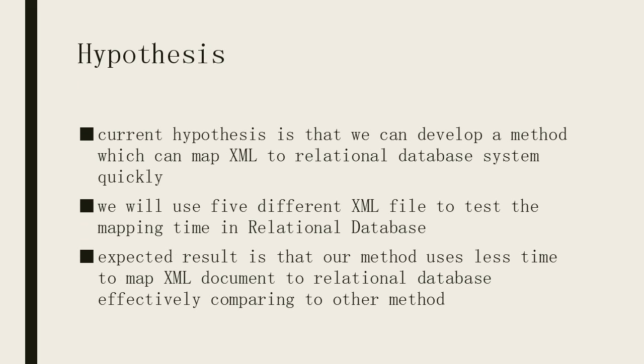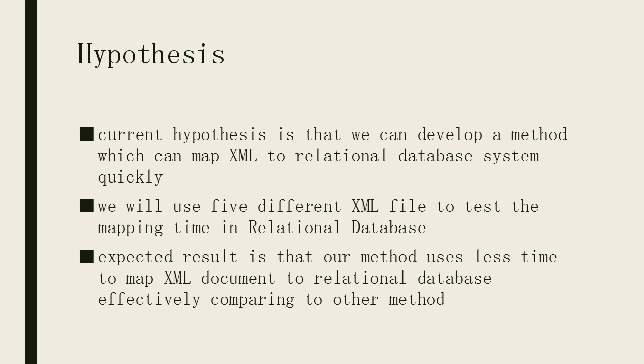So our hypothesis is that we can develop a method which can map XML to relational database system effectively. So maybe we use less mapping time and we use a small database size.